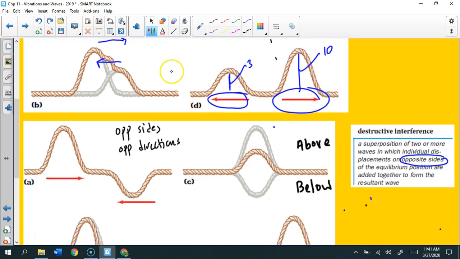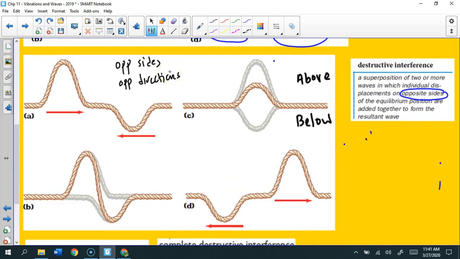Now, what is a destructive interference? In a destructive interference, let's take those same numbers. Let's take this to be a positive 10 and this to be a negative 3. When the two come together, when they meet at this point over here, they are going to superimpose on one another, but this time 10 added to negative 3 gives you 7.